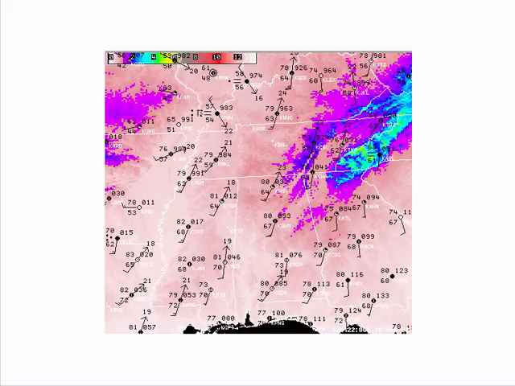This is a pretty interesting demonstration of how topography can play a role, even in areas where you don't normally think about topography playing a role. What we're showing here in the background is topography, and we've overlaid surface observations on it. Notice the dew point gradient across central Alabama and also central Georgia. This corresponds to a region where terrain is increasing, and we spoke with forecasters both in Birmingham and in Atlanta, and this is a fairly common thing.